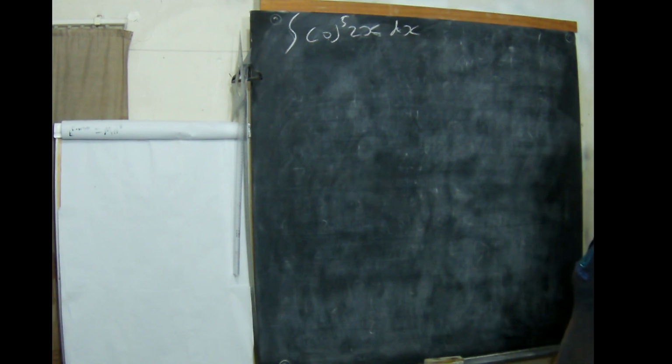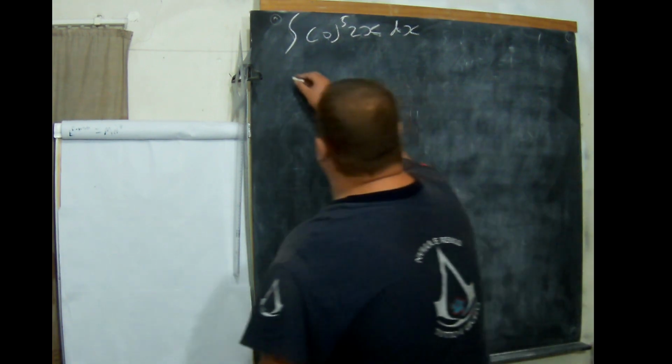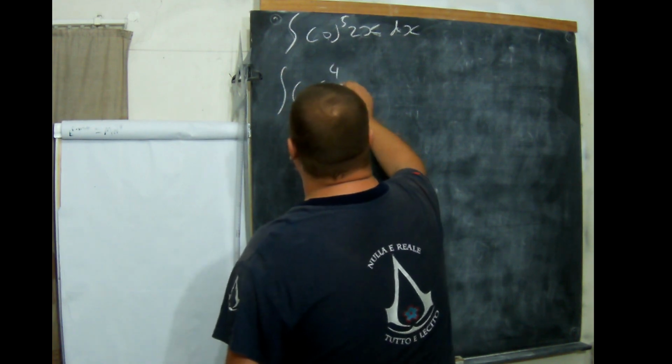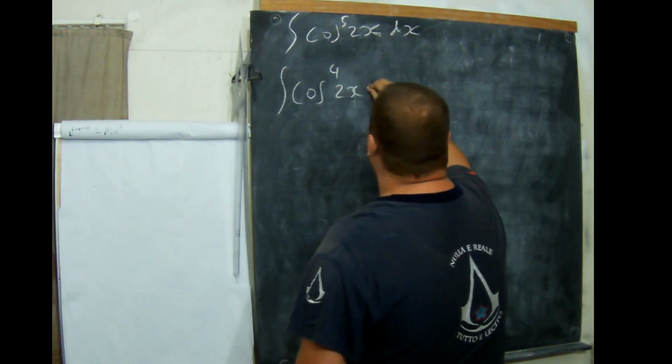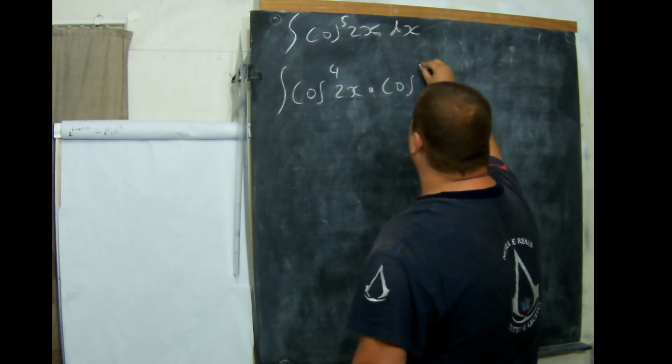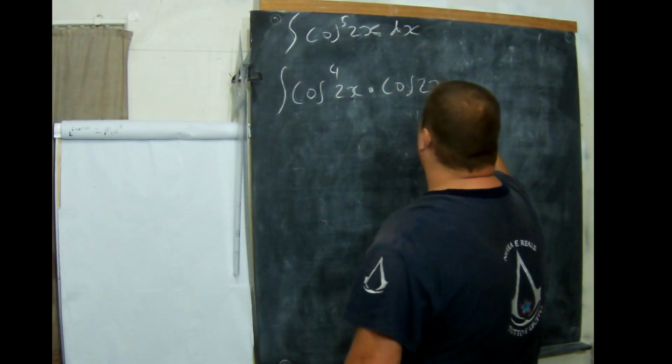Now what we can do to make it squared is first take out 1. So cos to the 4 2x multiplied by cos 2x.